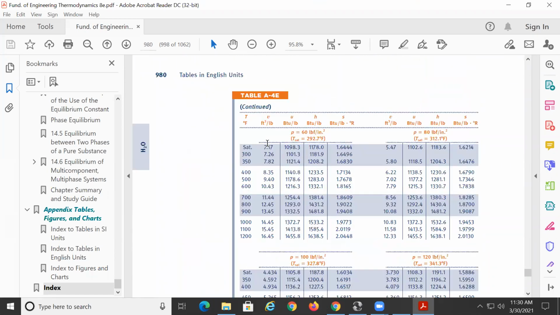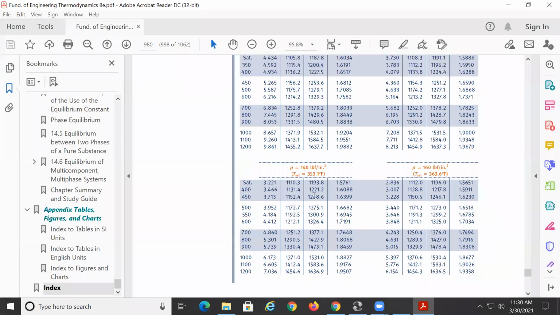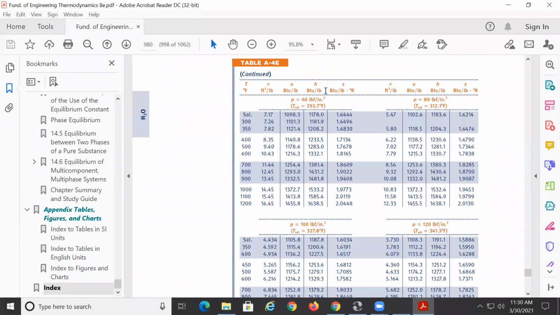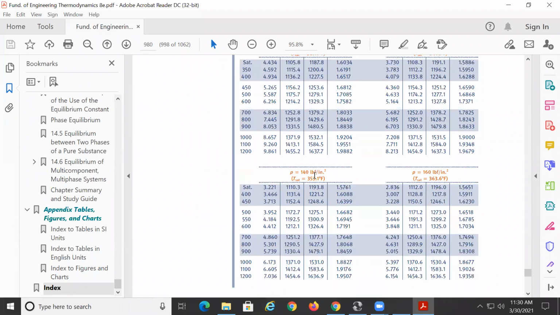So hopefully they have that value, 120, 140. Then at 600, H I think should be the third column. So at 140 and 600, we get 1,326.4. So H1 equals 1,326.4, and this should be BTUs per pound.